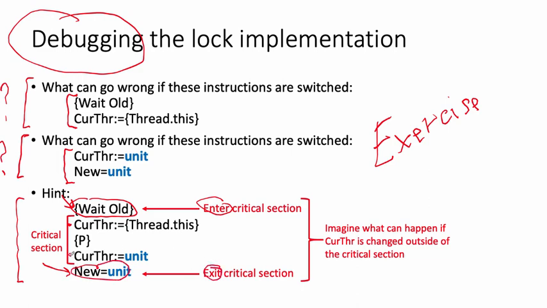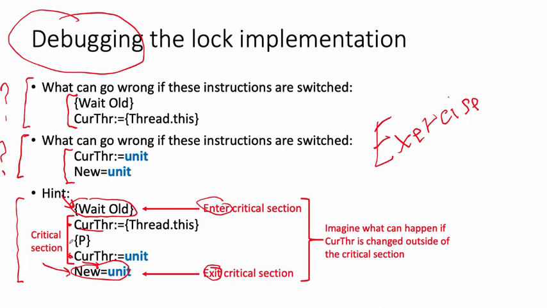And the cur-thread assignments must happen inside the critical section. It must happen in a controlled environment where you guarantee only one thread can be there. So these assignments have to be done in the nice area, which means inside the critical section. Okay?